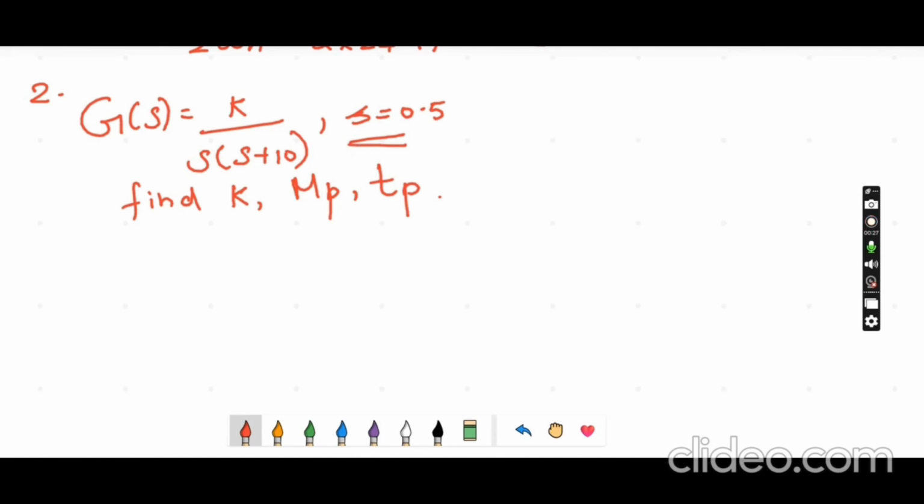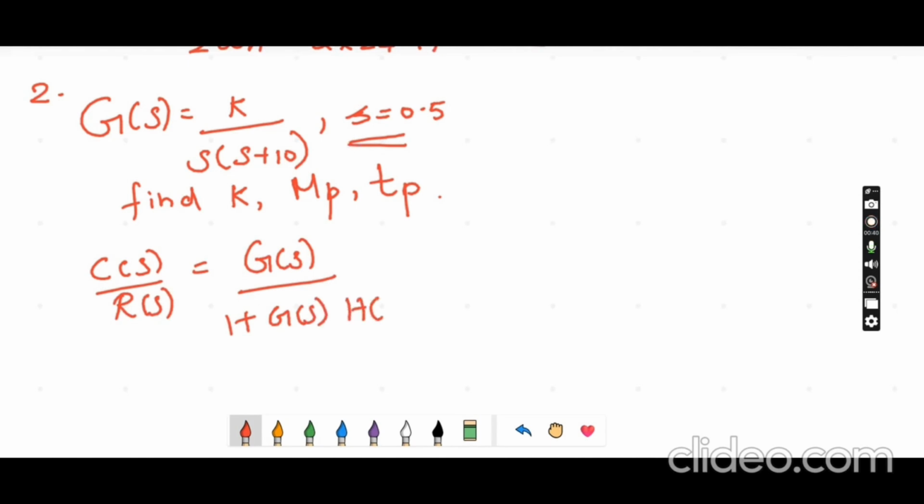In order to obtain these terms, we first have to obtain C of S by R of S, which is equal to G of S by 1 plus G of S into H of S. For a unity feedback system, we all know that H of S is equal to 1.